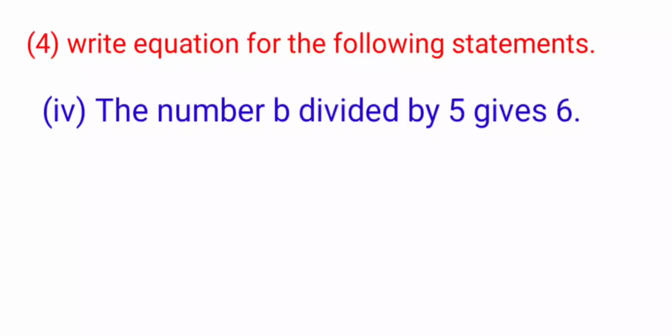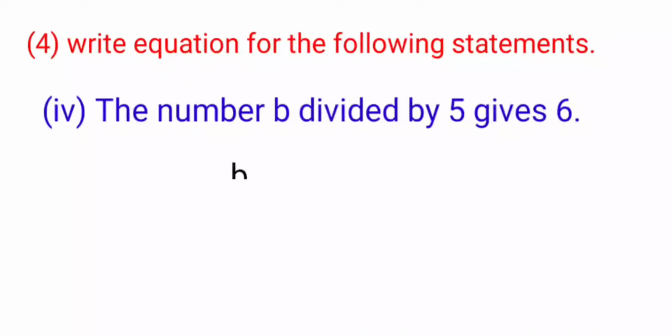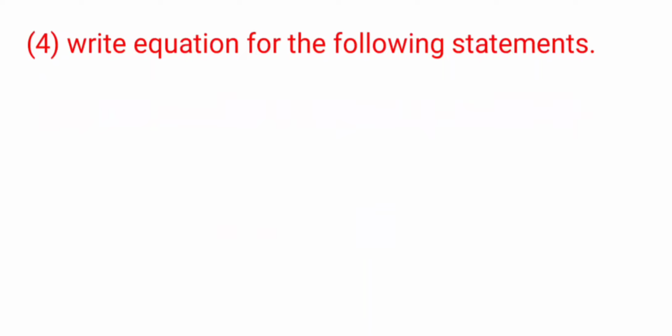Next, the number b divided by 5 gives 6. So b divided by 5, and "gives" means equal, is 6. So b divided by 5, or b upon 5, is equal to 6.